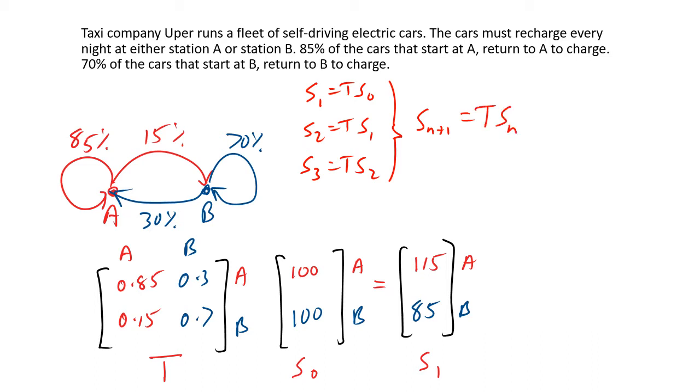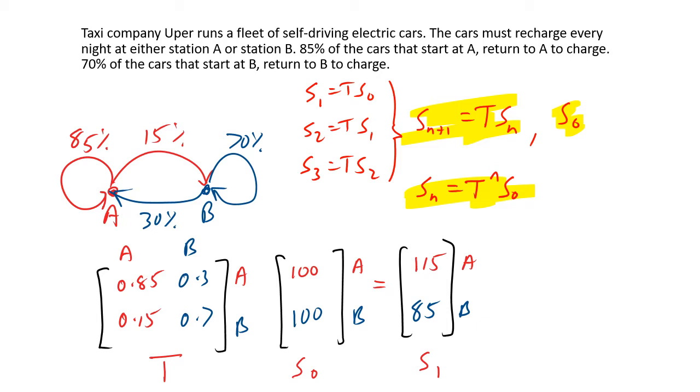But we can also see, I'm not going to derive it, just like we did with compound interest, that Sn equals T to the n S0. So these are our two important formulas. This one is for recursion. Now, what have I forgotten with recursion? You must always have an S0. So don't forget your S0 for that.